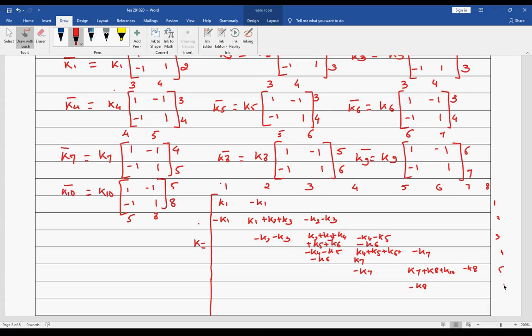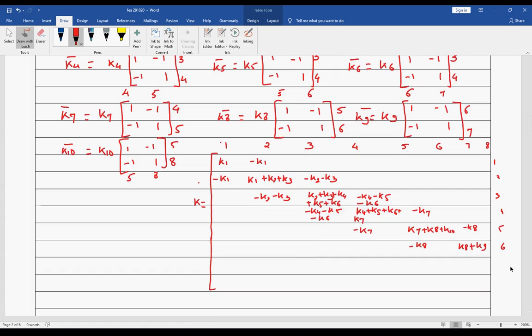And then I want 6 6. So 6 6 will be K8 plus K9. Okay, so I just don't have a space. Now the rest of the thing you can write down.